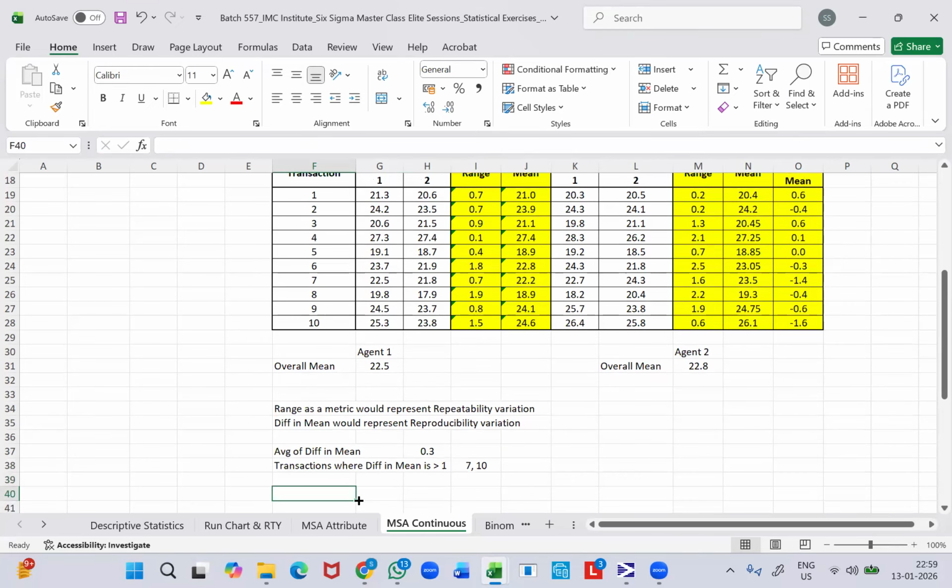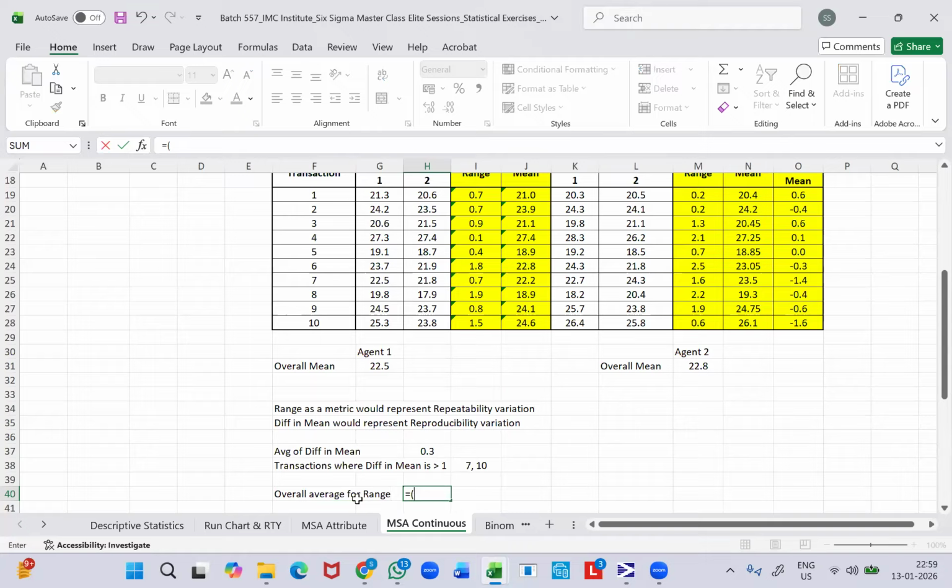Now, in a similar way, let us calculate the overall average for the range values. So how will you calculate? We will sum up all the range values pertaining to agent 1 and the sum of all the range values pertaining to agent 2, right?